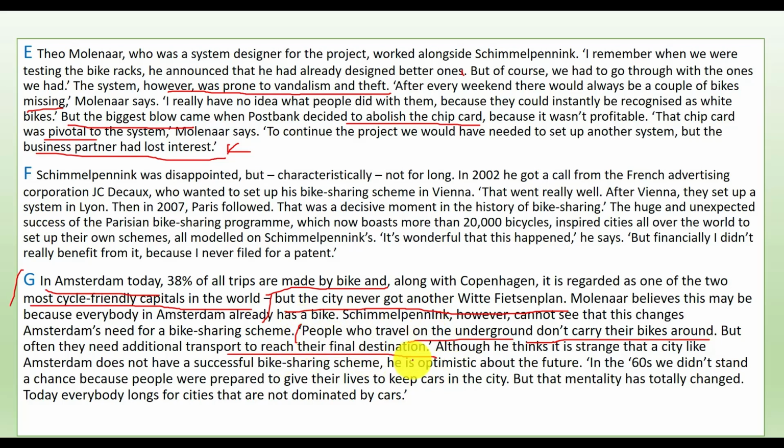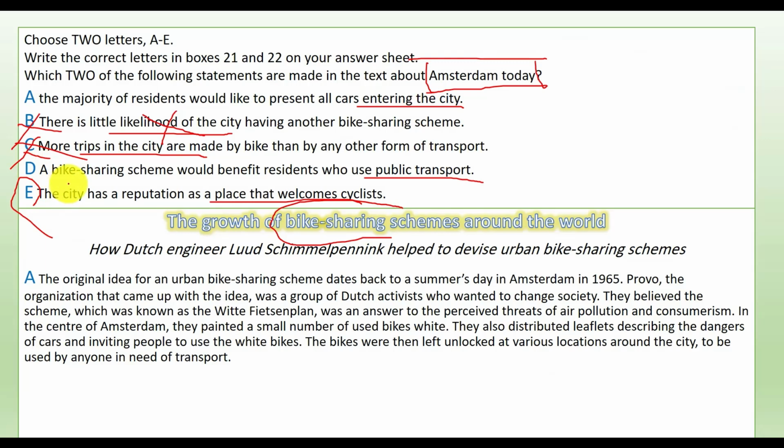Also, he thinks it is strange that a city like Amsterdam does not have a successful bike sharing scheme. Now that's enough. Let's go back to our options, and a bike sharing scheme would benefit residents who use public transport. It would benefit those who use the subway, and that's our correct answers.